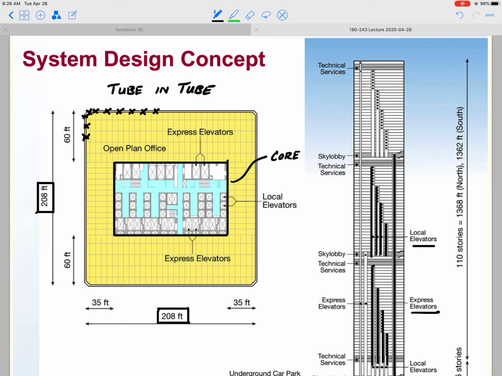Well, if you were in the World Trade Center, it was like wide open spaces, right? And effectively what you had was this interior concrete core, and then you had these trusses, right, that spanned out to the exterior columns like that, right?